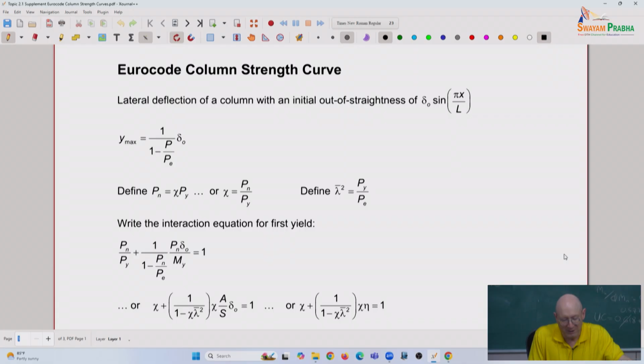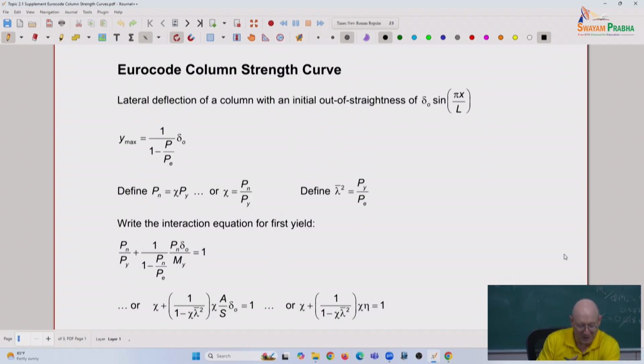So now let's write the interaction equation for the first yield. It will yield when Pn over Py, Pn being the load that we're applying, plus our amplifier times the P-delta moment, Pn times delta naught over My, equals 1.